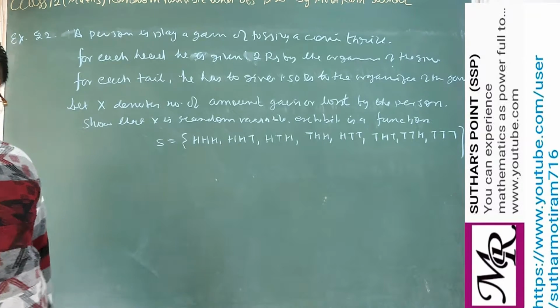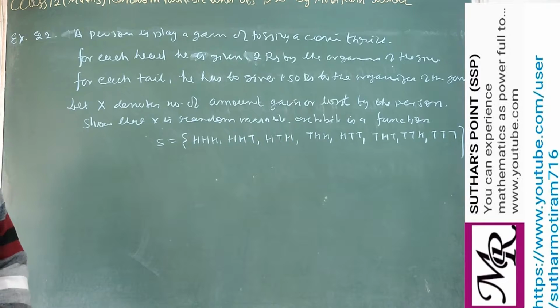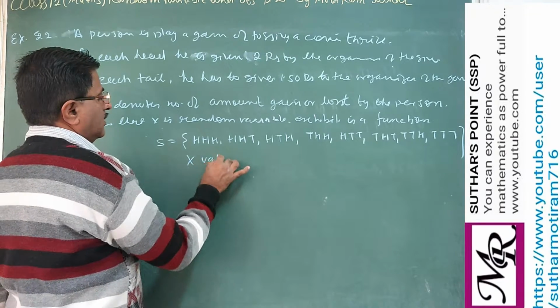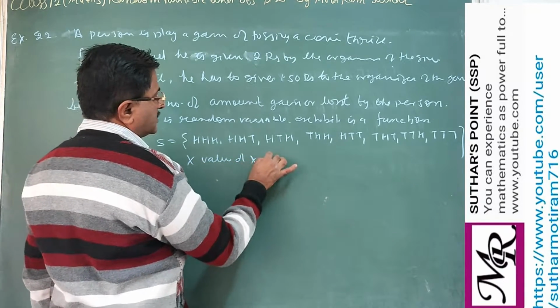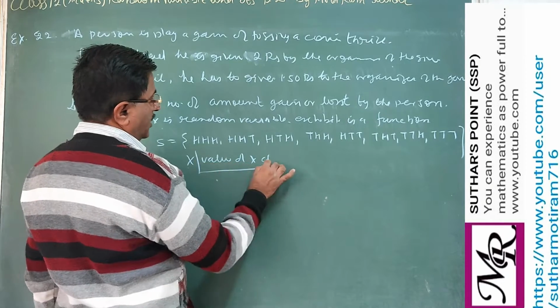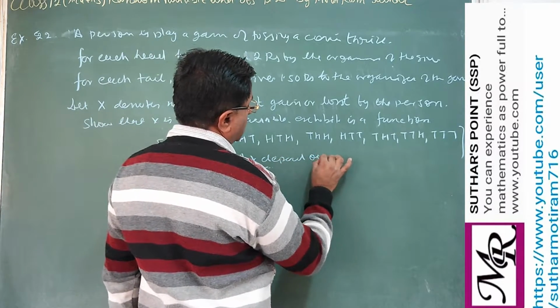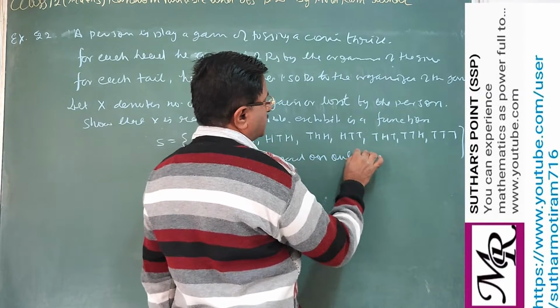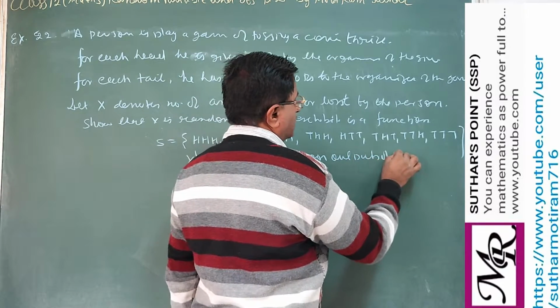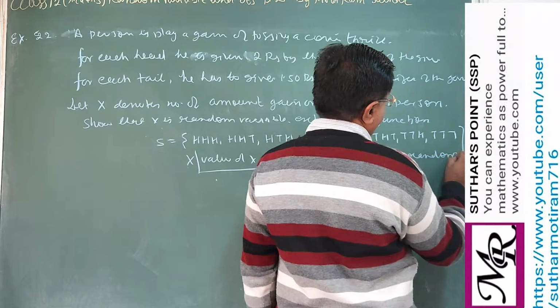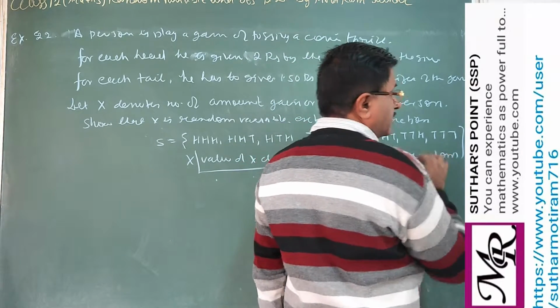Here X is a random variable. X is a number whose values are defined on the outcome of the random experiment, because the value of X depends on the output of the random experiment.